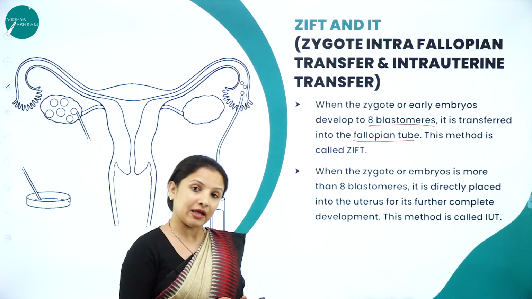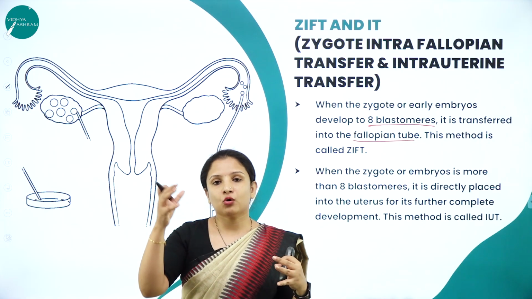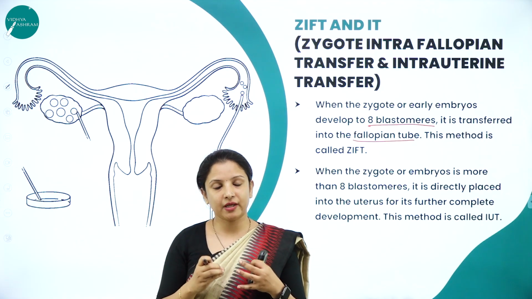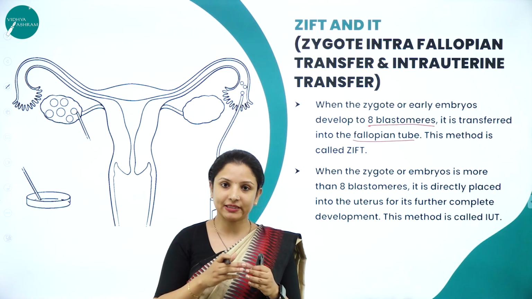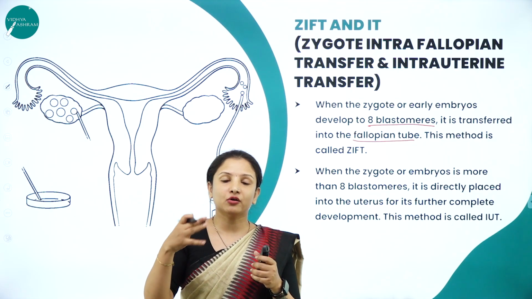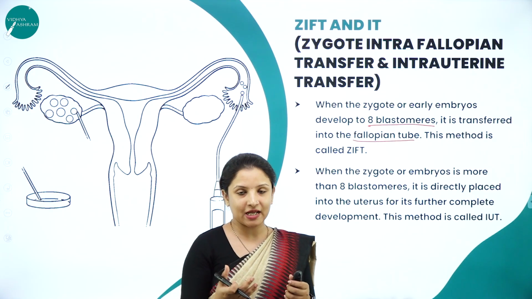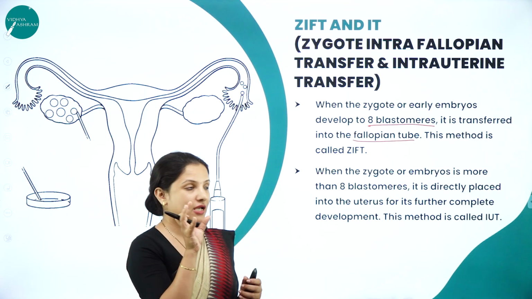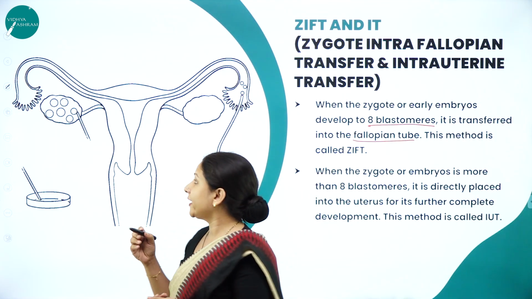Again the same thing is done: the sperm is collected from the male, the ovum is collected from the female, and then both are fertilized. The zygote develops, and when it undergoes divisions and forms the 8 blastomere stage, that early embryo is put into the fallopian tube.